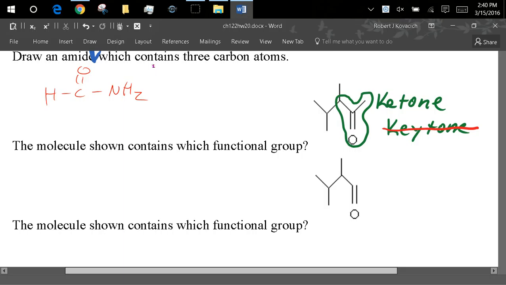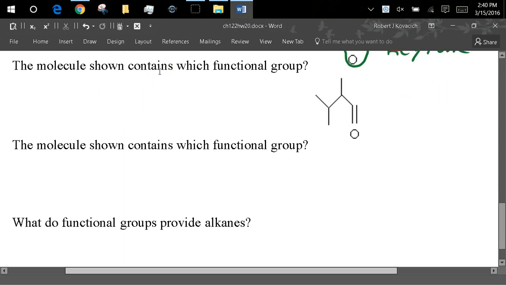I've seen that written a couple of times. There's no Y. And then what's this one here? Wait, so there's no Y? There is no Y. That's a typo. What's this one here? Aldehyde? Looks like the last one, except there's a hydrogen, so that guy right there is just an H, so that means it's an aldehyde.